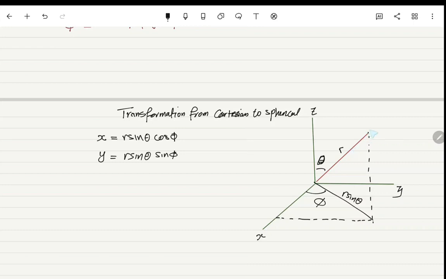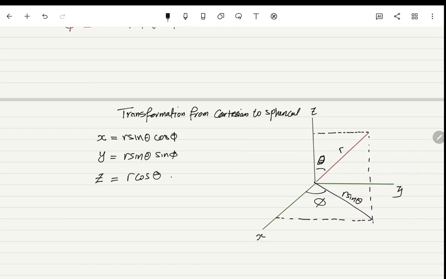This r has intercept on the z-axis, and z in this case equal to r cosine theta. So we just write down x, y, z in terms of r, theta, and phi. Now we need to write the I hat, j hat, k hat in terms of r hat, theta hat, and phi hat.